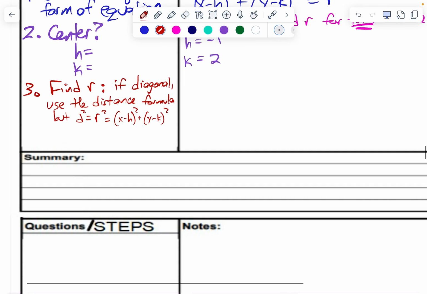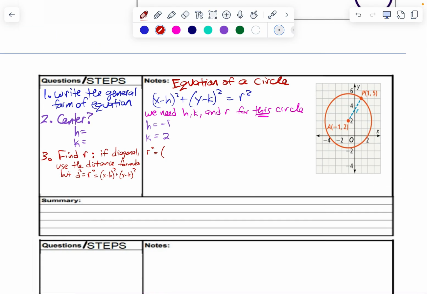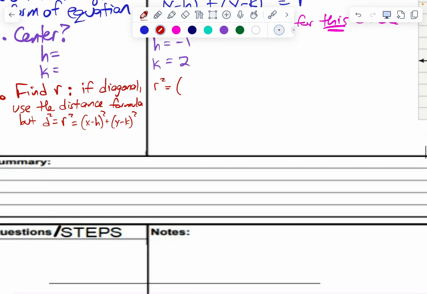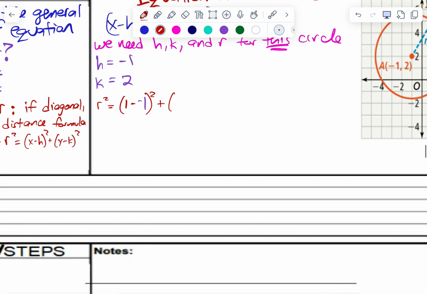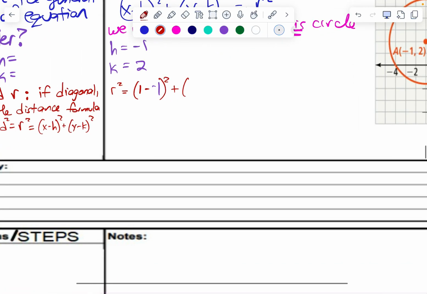Okay? So R squared equals, what is our X coordinate? 1. 1 minus -1 squared, plus, and then Y. Y is 5, so 5 minus 2 squared.